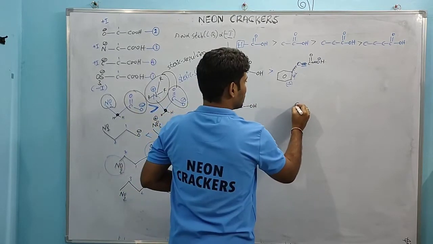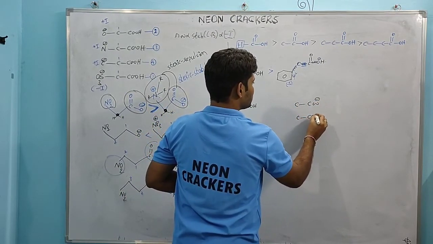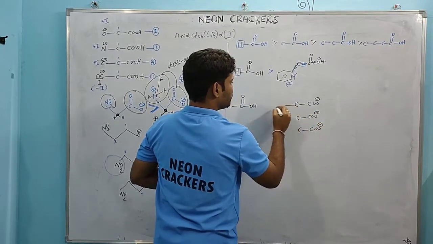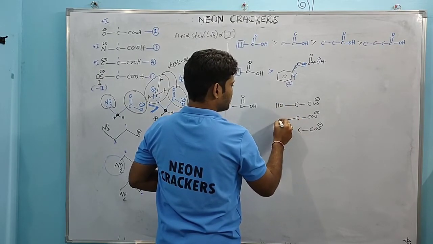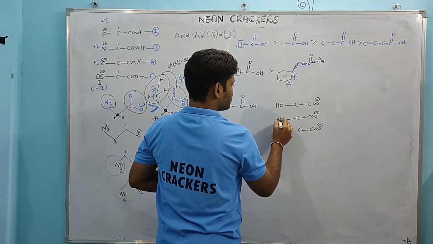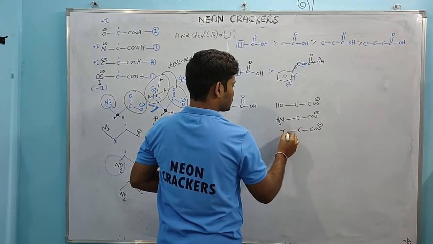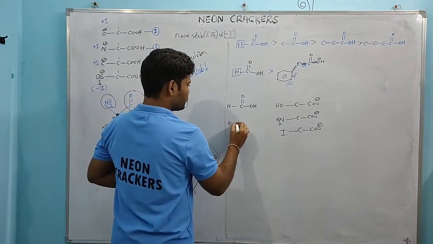Weaker minus I. Carbon COO minus. Here if you take OH, if you take any NH2, and the last one is I. Now compare with formic acid.